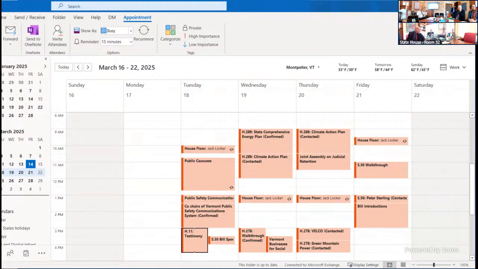I sat down for quite a long time with the clerk of the House yesterday and talked to her about what she would consider germane to S-50 and S-65. On the House side, we could definitely be challenged. S-50 is a good example. It talks about net metering in a pretty constrained way.